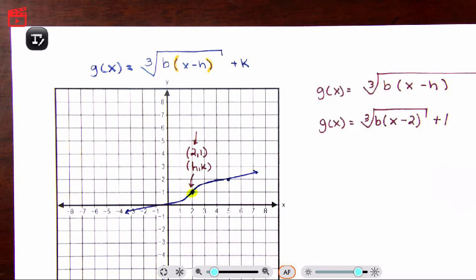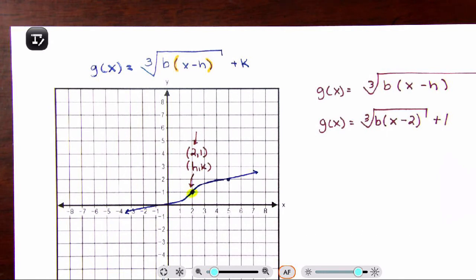This is where different methods come into play. So you know that inside the bubble, inside of the parent function, is your horizontal stretch or compression for b. So you also know that if it's inside of the parent function, that you're going to be doing the opposite. For example, if it's a whole number, it's going to be a compression. If it is a fraction, it's going to be a stretch.